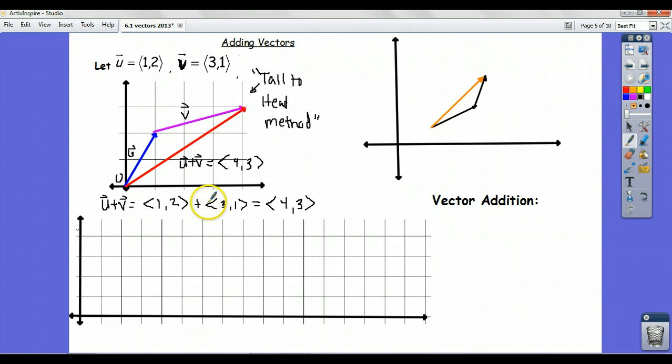So vector addition is very easy and intuitive because the way you add vectors is exactly the way you would want to if you had to choose. Add the x components and add the y components. And graphically, the tail to head method gives you a sense of how the vectors are moving you when you combine them. If this is vector u, and this is vector v, then this is vector u plus v. Okay.